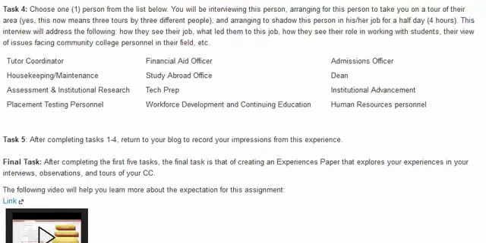You will also want to go on a tour of their area and to observe or shadow them for approximately 4 hours. If the person you would like to interview for this assignment is not in this list, contact me. You'll do a follow-up blog, and then you'll do your writing of the actual paper. Hope this helps. Thanks.